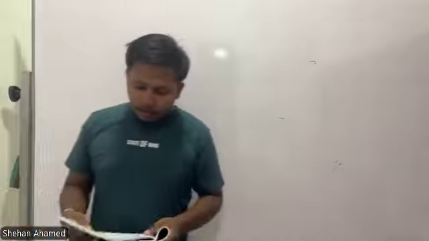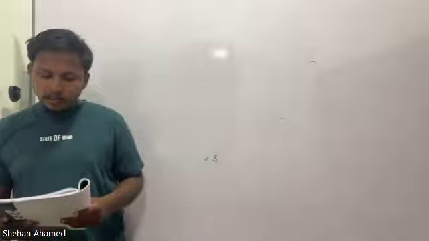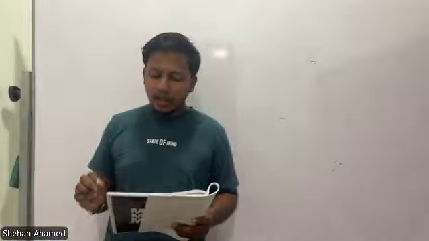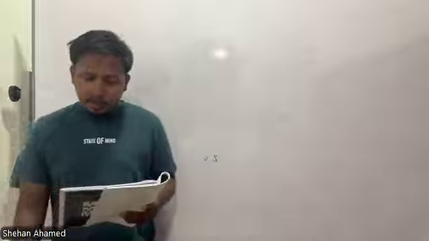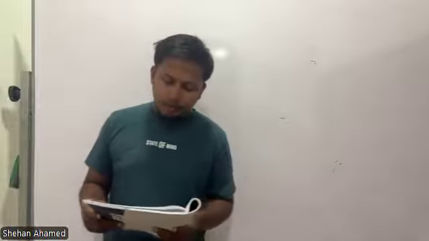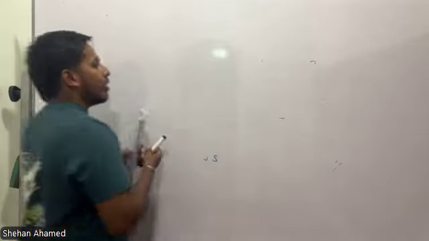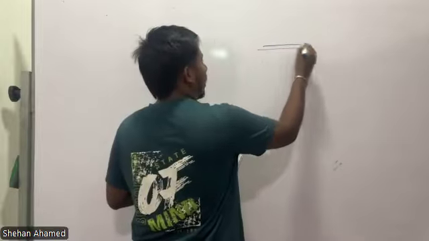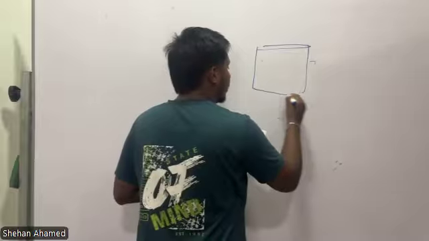The radius of a solid cylinder is 7 centimeters and its height is 2 centimeters. Taking 22/7 for the value of pi, find the area of its curved surface. Now, according to this question, it's a cylinder.